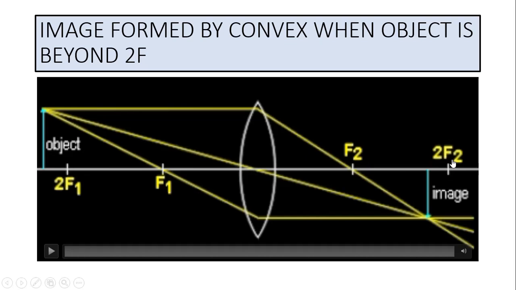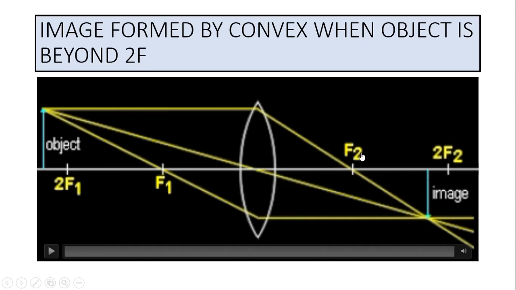When the object is just beyond 2f, the position of the image is between f and 2f, inverted, real, because we can catch it on a screen, and the size is small.